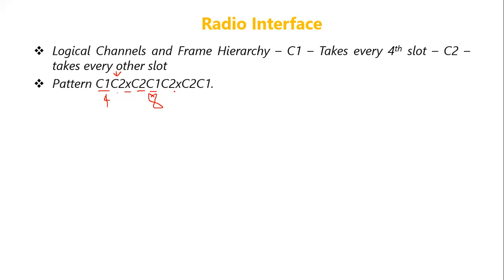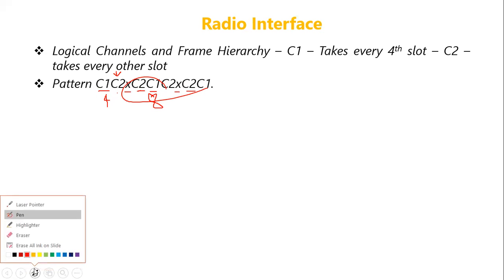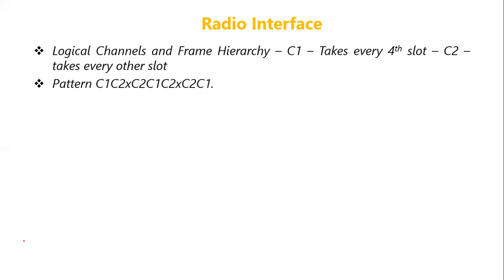The next slot we don't know, so it is X. Again the next slot is C2, again the next is C1, because if this is the fourth slot, then this is 9, 10, 11 and this is the 12th slot, the next fourth slot. So this is how the pattern follows. Every fourth slot will be occupied by C1 and every other slot will be occupied by C2. The X indicates that the physical channel still has some capacity left for other channels.